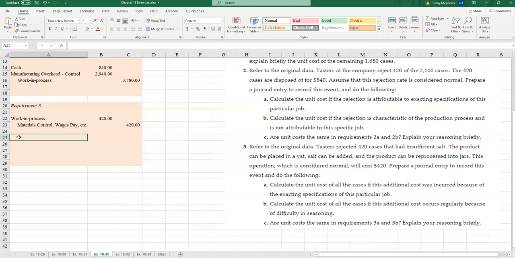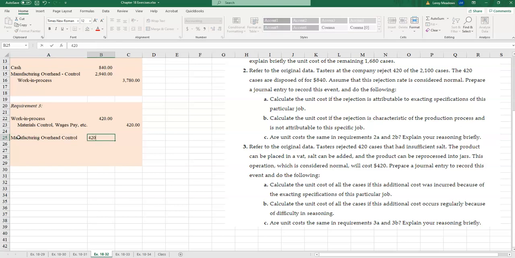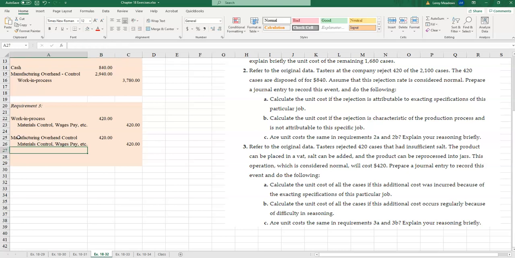Well, in that case, because it's common to all jobs, manufacturing overhead control, $420. And then finally, credit materials control, wages payable, etc., etc., etc., for $420.